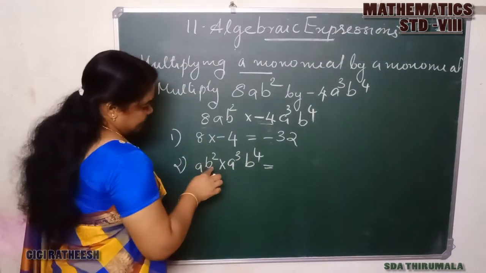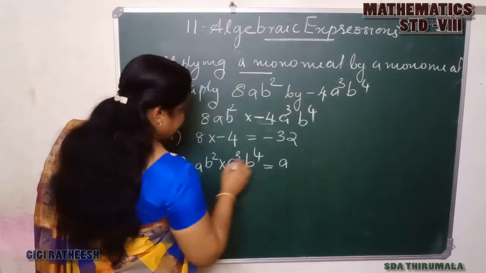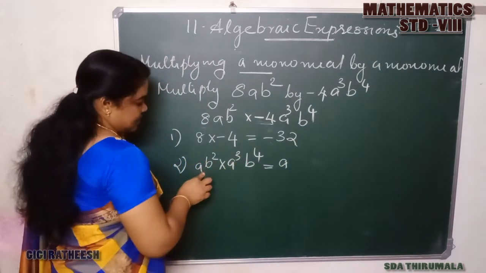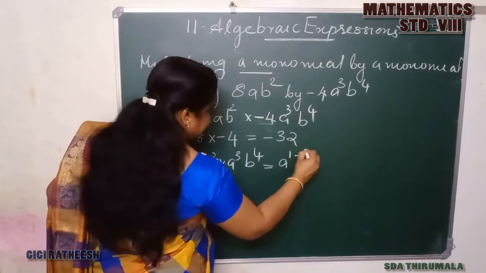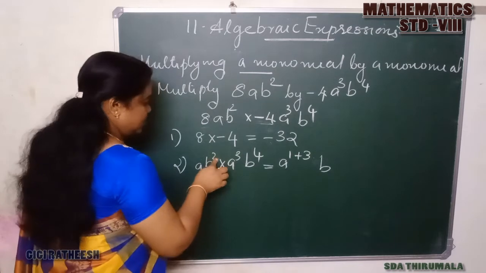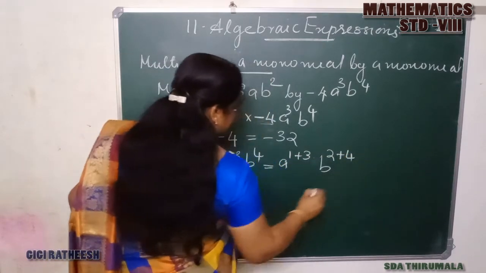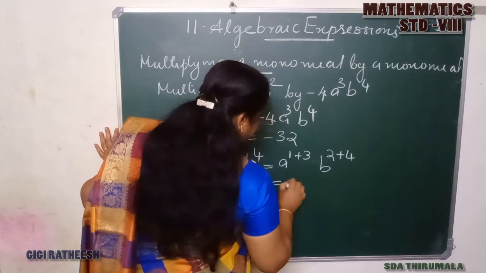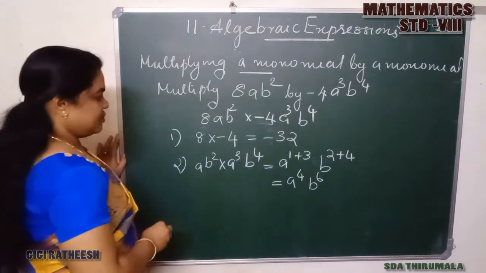And in the second step, ab square into a cube b raised to 4. The first variable is a, and we add the exponents: 1 plus 3. For b, the power is 2 and here it is 4, that is 2 plus 4. We get a raised to 4, b raised to 6.